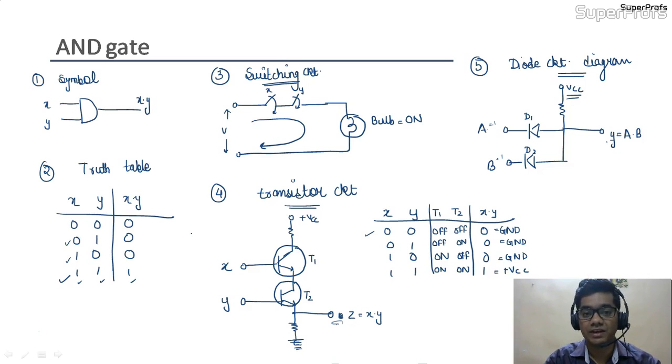So students, what we have discussed about the AND gate: first is symbol, second is truth table, third is switching circuit, fourth is transistor circuit, and fifth is diode circuit diagram. So you can quickly write these points with the explanation also, and then we are going to move towards the OR gate.